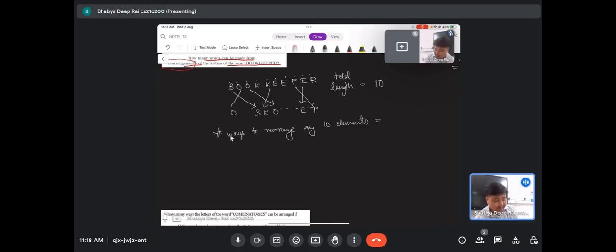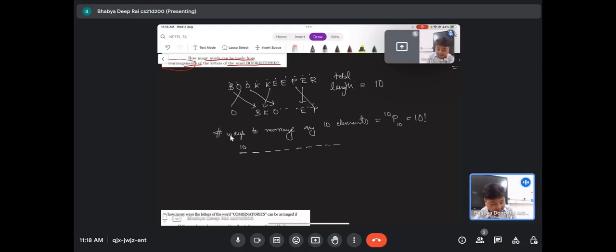So one way to think about it would be I pick out 10, okay, from a set of 10 objects, and then I rearrange them. So from 10 objects, I pick out 10, okay, which is nothing but 10 factorial. Another way to view it would be like I have 10 places, and there are 10 choices for the first place.